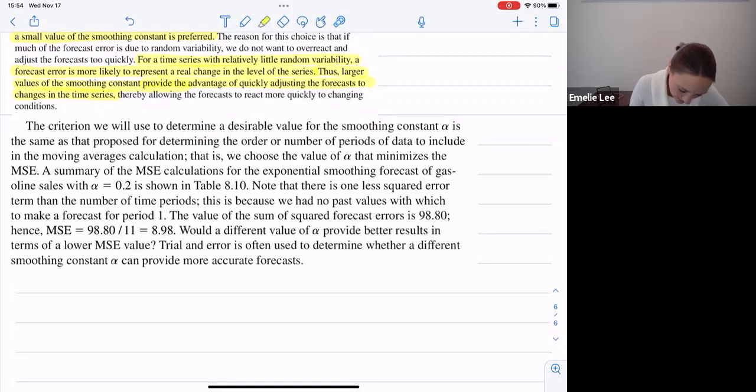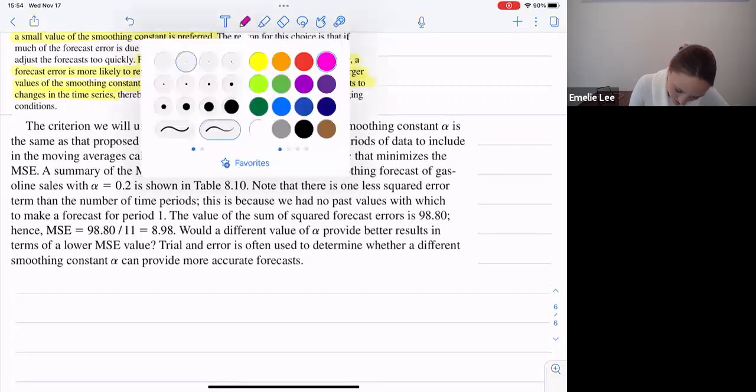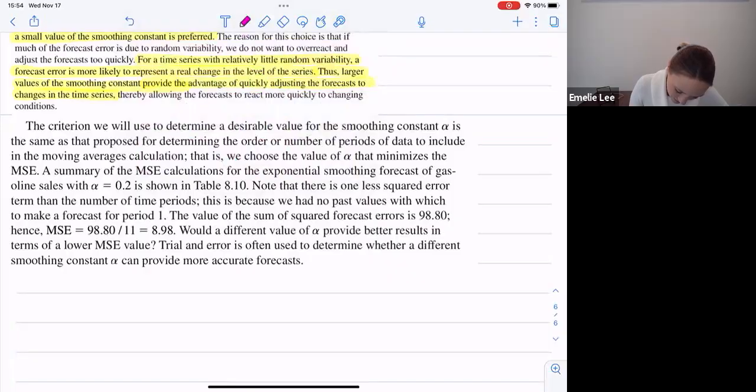So the key here is that we want to minimize. We choose the value of alpha that minimizes the mean squared error. I just want to emphasize that one more time. We have those other measurements, but at the end of the day, the one that we really want is the mean squared error.